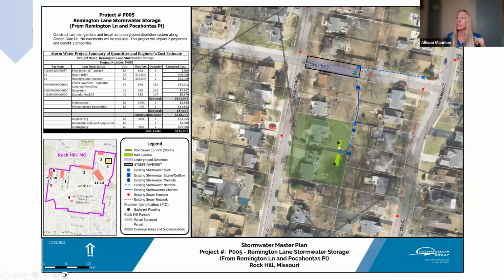Our recommendation is to add a couple of rain gardens for that immediate overflow of the sinkhole, but also to help attenuate the flow upstream. For a really big storm event, they would temporarily store flow further upstream in the system, and then slowly release it back into the storm sewer system, where it can more gradually infiltrate into the sinkhole. This would benefit 2 properties and has a total cost of $176,000.